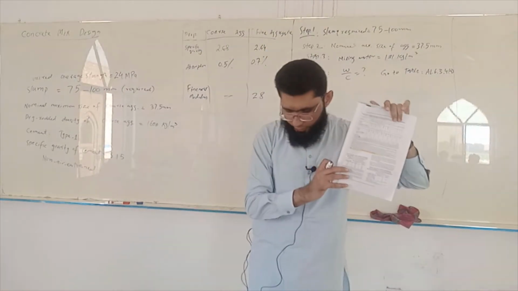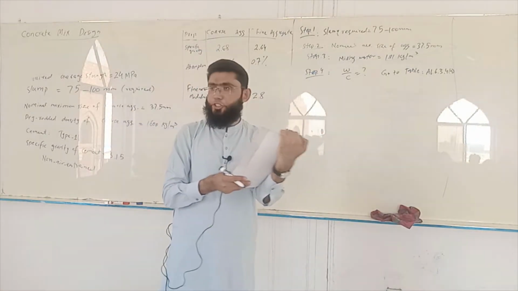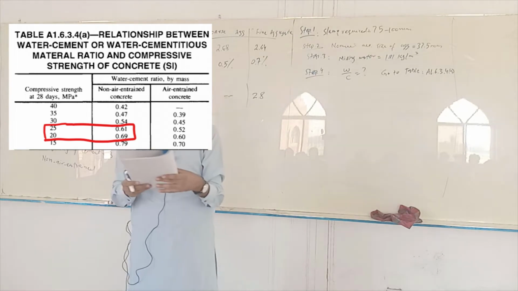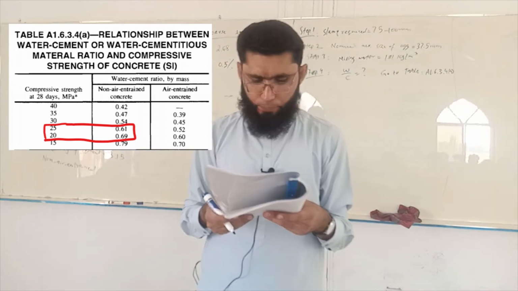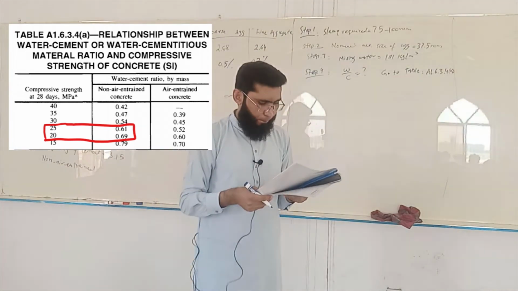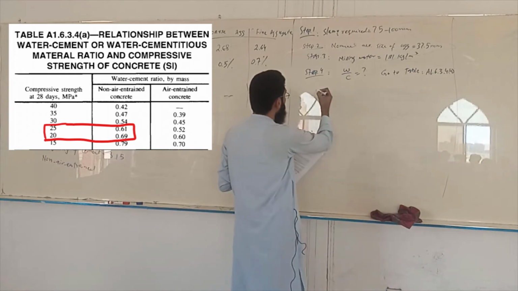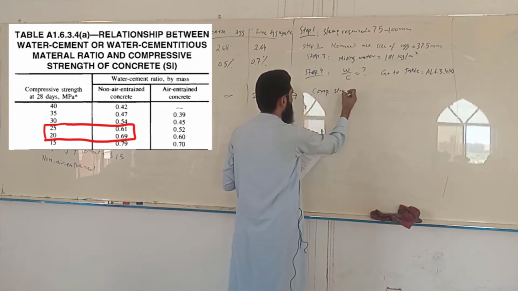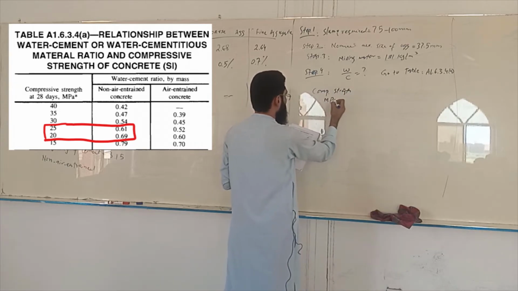All right, and the table says relationship between water cement ratio or water to cementitious material ratio and compressive strength of concrete in SI system. So on this table, on this side you have got compressive strength, the average required compressive strength, in megapascal, 28 days.